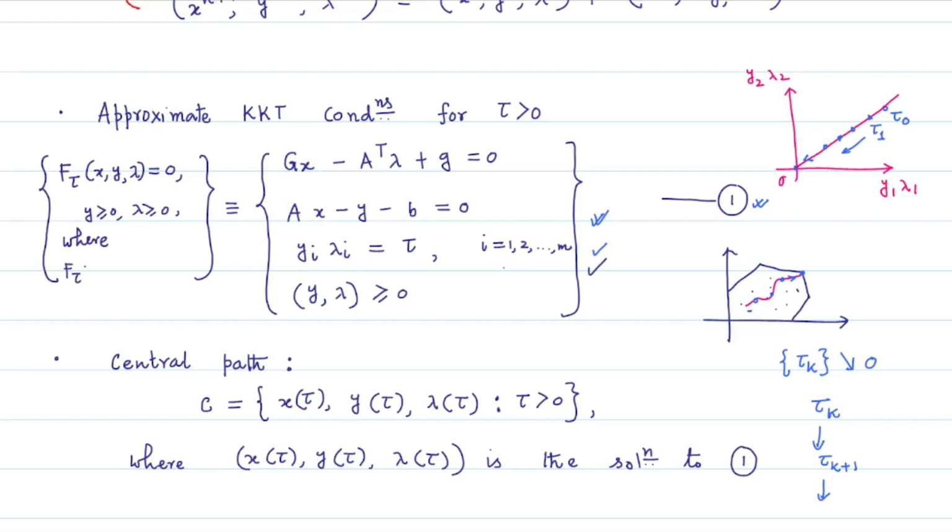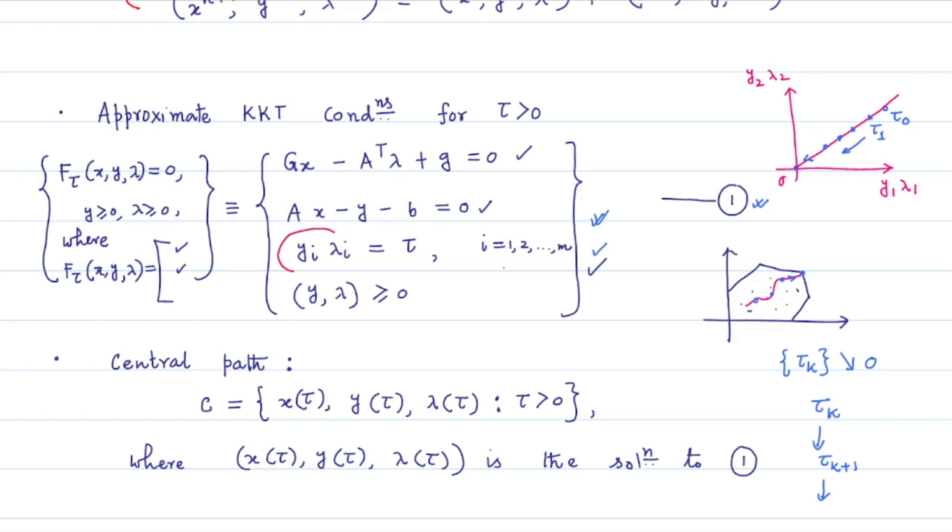your F tau function of x, y, lambda is equal to, we will have here the first component as these equations, second component as these equations, and the third component is now in matrix form.